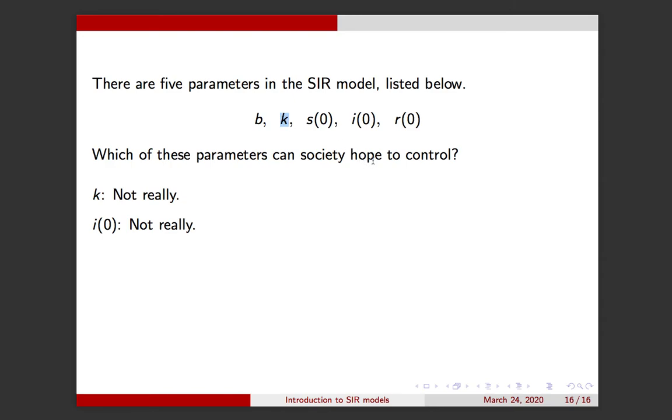In general, there might be some drugs that might help the flu infectiousness rate drop by a day or something, but generally speaking, you can't really cut down on the length of infectiousness period. Also, I of 0 for our models would generally be super, super tiny, and it just assumes that on a plane, a COVID-19 patient flew from New York City to Kansas City, whatever, right? So generally speaking, these two constants you can't really hope to control.